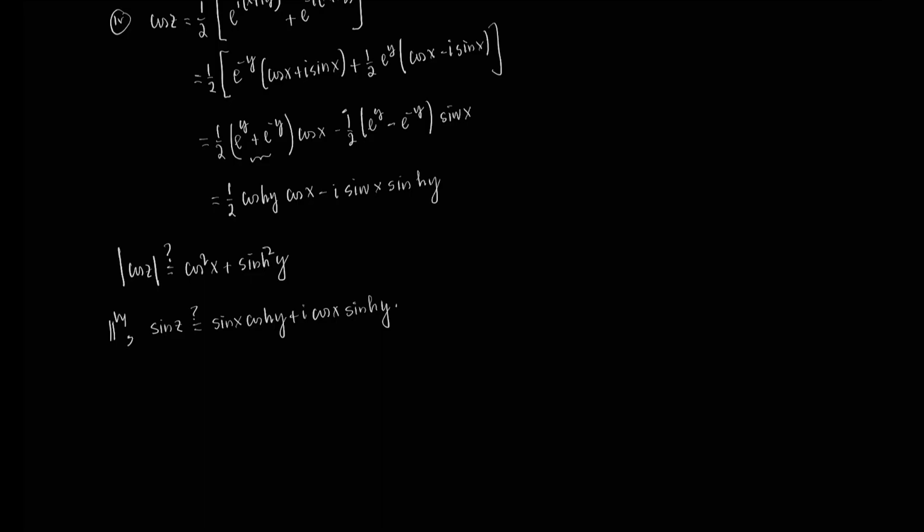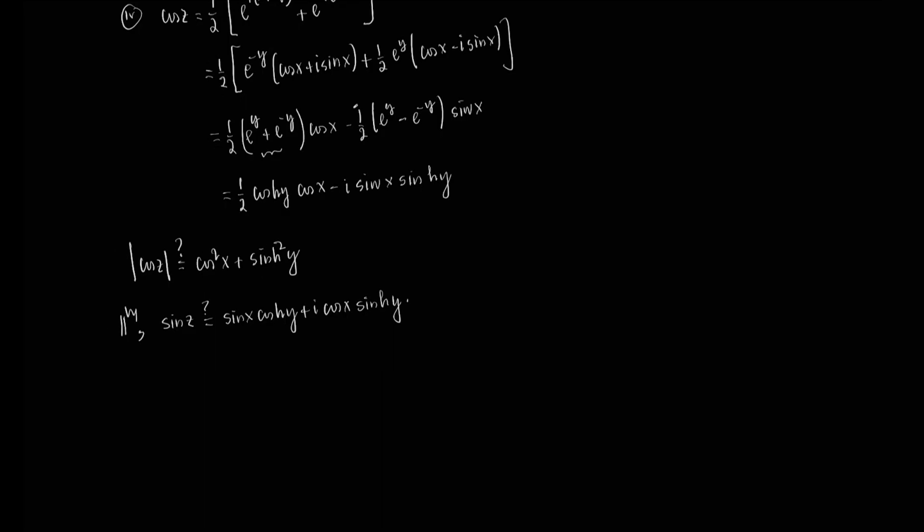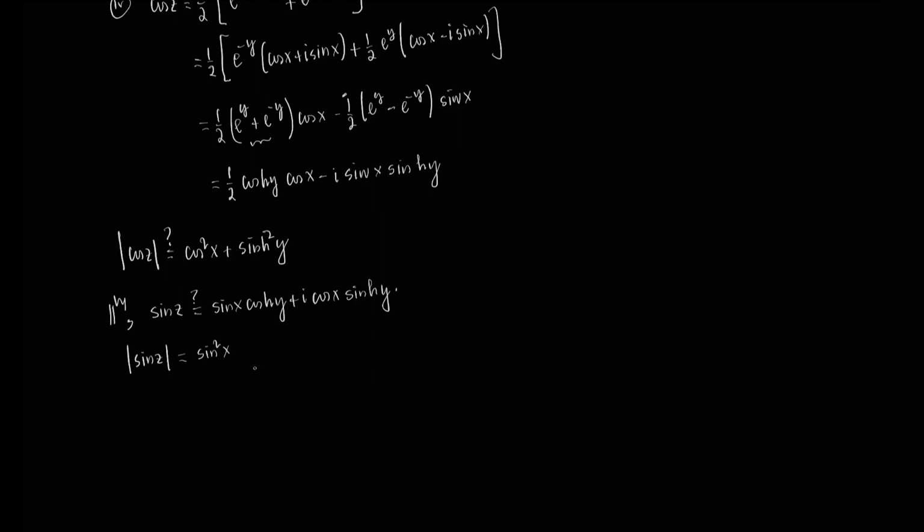Now, let me write down what modulus of sine z is. Modulus of sine z in this case will be sine square x plus sine hyperbolic square y. Clear? So that is that. Now, one major property of this function that you have to understand is the period.